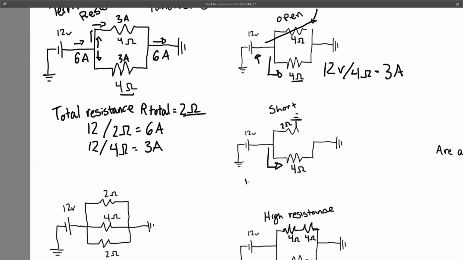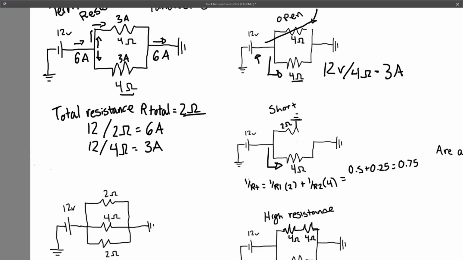The formula is 1 over RT, which is resistance total, is equal to 1 over R1, which is our 2 ohms, plus 1 over R2, which is our 4 ohms, which would equal basically 1 over 2, which is 0.5, plus 1 over 4, which is 0.25, which will give us 0.75.